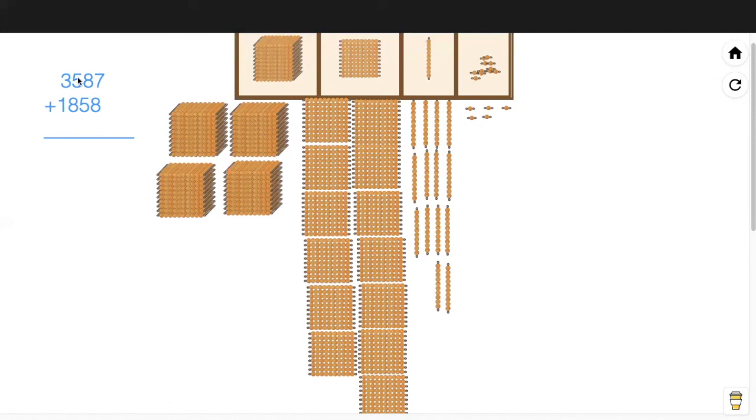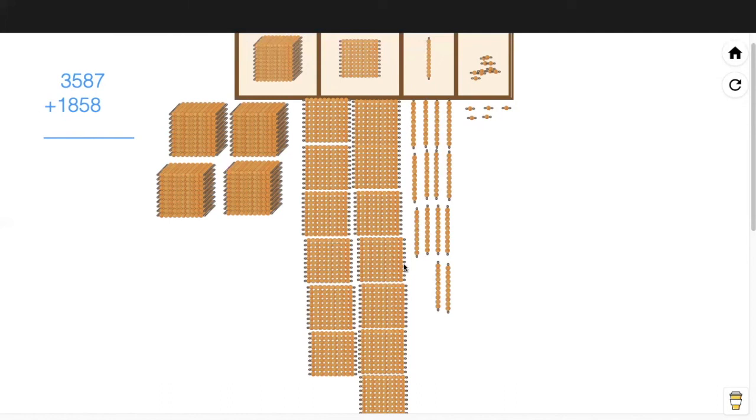Katie, can you help me count the 10s, please? 1, 2, 3, 4, 5, 6, 7, 8, 9, 10. Oh, I have to stop. I got to 10. I have to take away 10 beads now.